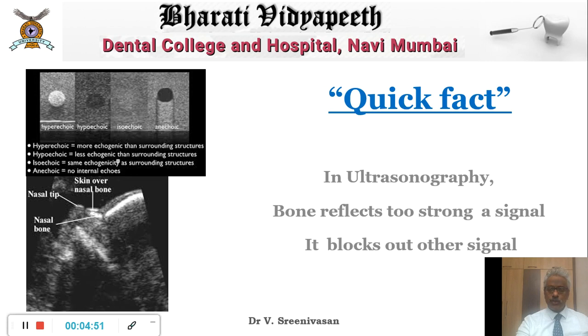So bone tends to obscure anything which lies below it, and to that extent, it becomes difficult for you to study what lies beyond bone. So abdomen becomes a very easy place to study. The eyeball is very nice to study with ultrasonography, but many of the jaw areas are difficult to study. So it becomes essentially a technique to study soft tissue.